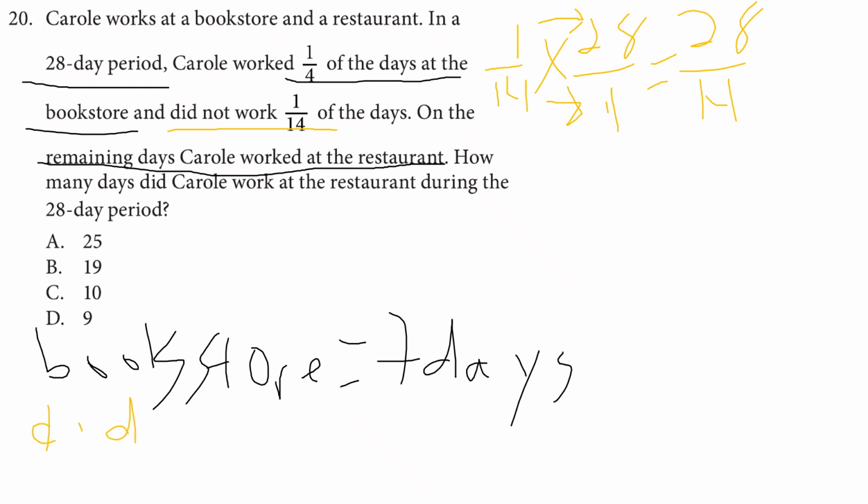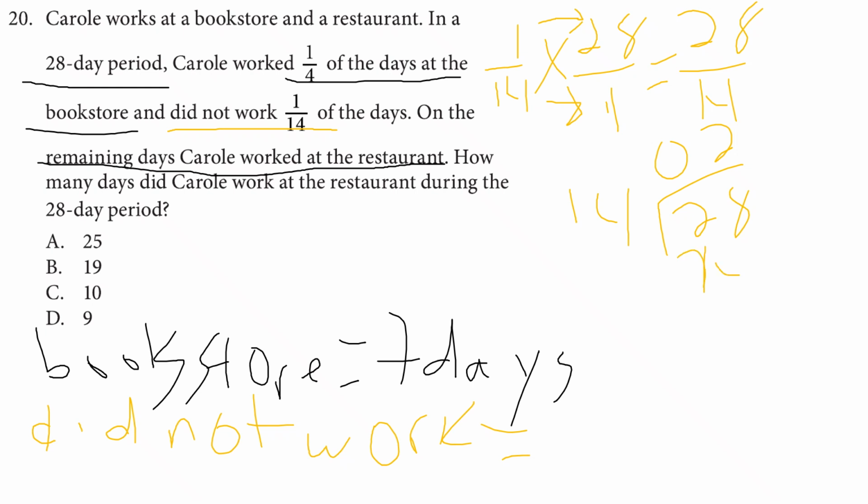So days did not work equals, and you simplify this. 14 goes into 28 2 times. 2 times 14 is 28. So she did not work 2 days.